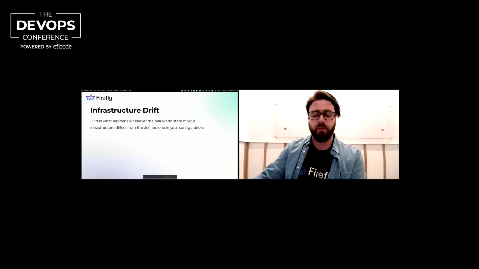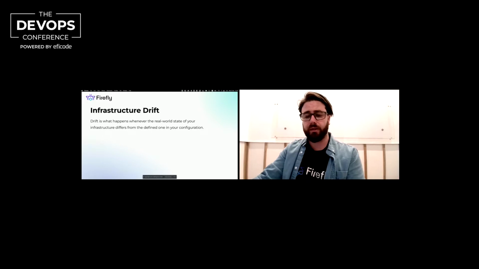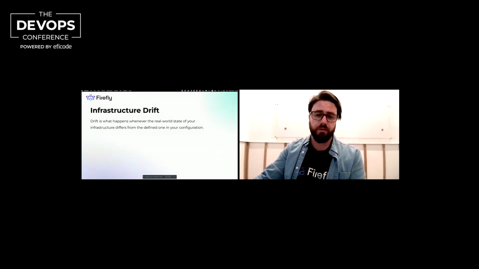So what is infrastructure drift? It's very simple. When you describe something as code in your source control, you expect the same configuration to be running in the cloud. But drift is when there is a deviation between what you think is in the cloud and the actual state of the cloud. I can give you one illustration.